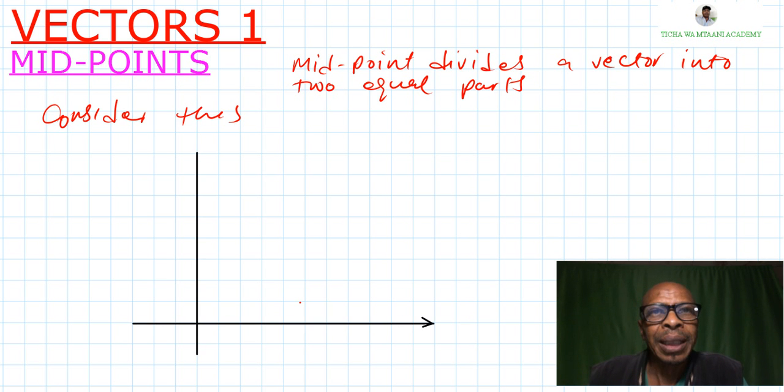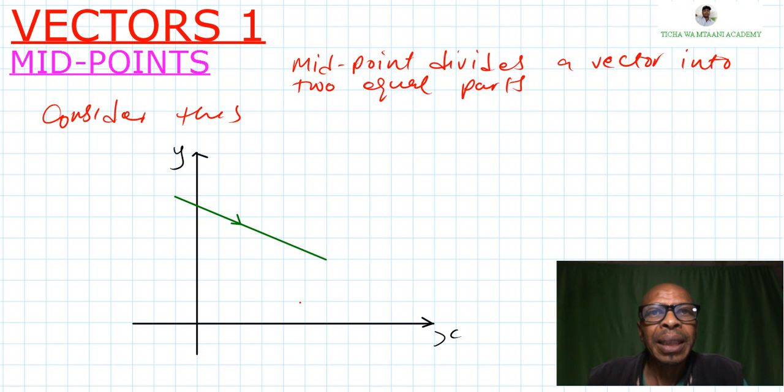So we say this is our y, and this is our x. Consider a vector. This vector, the direction is that, and we say this vector is A.